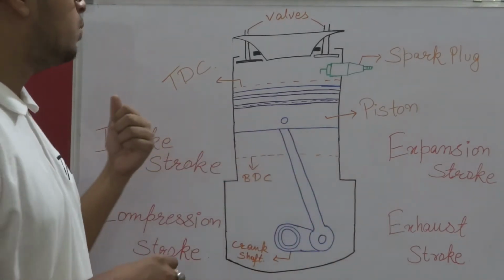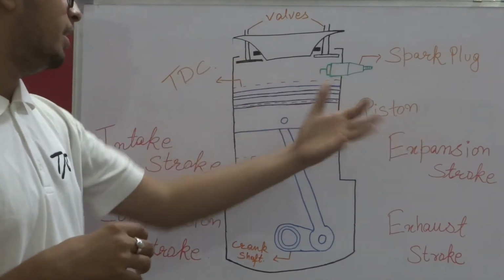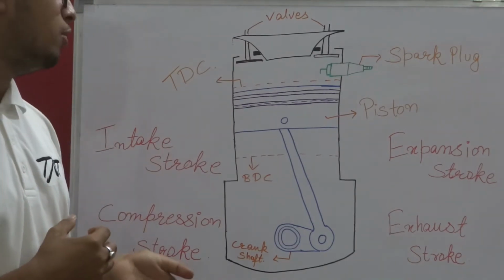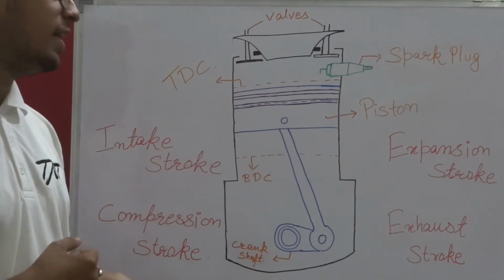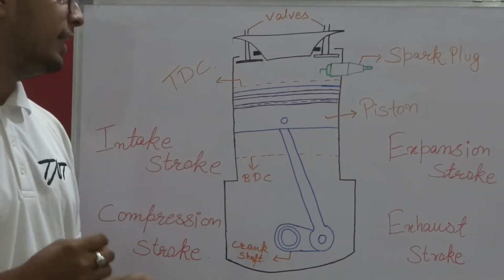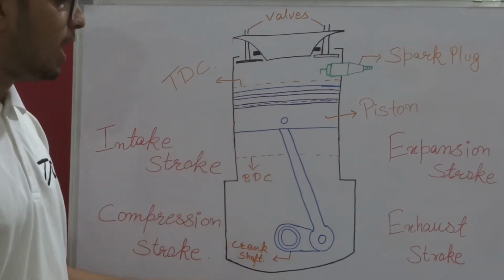When the piston is at TDC, the spark plug jumps again, and it creates a very high temperature, around 4000 degrees Fahrenheit, and this heat creates a very high amount of pressure that throws the piston down.